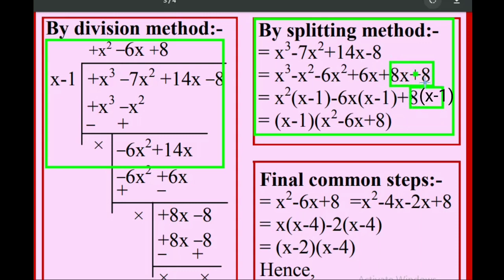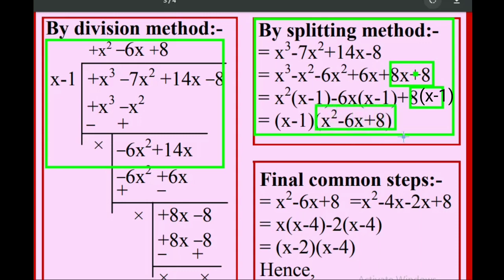So in the last part, 8 is taken common and x minus 1 remains there. So from all these three terms, x square multiplied by x minus 1, minus 6x multiplied by x minus 1 and plus 8 multiplied by x minus 1, we take x minus 1 common, and what remains is the quotient x square minus 6x plus 8.